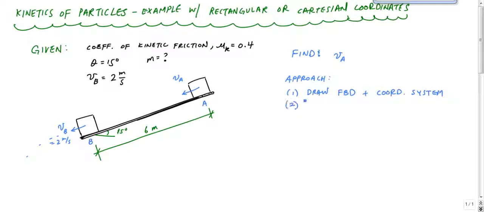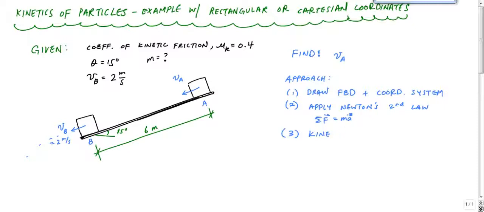Then two, we're going to apply Newton's second law, or F equals ma. We want to make sure that our free body diagram parallels Newton's second law. That's the way we want to do it.